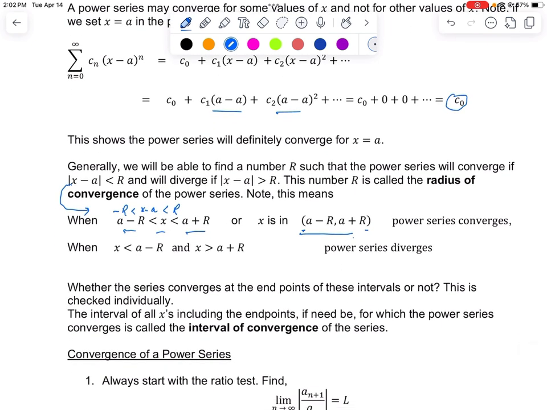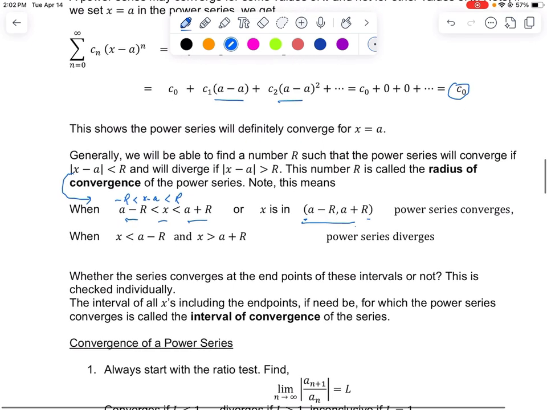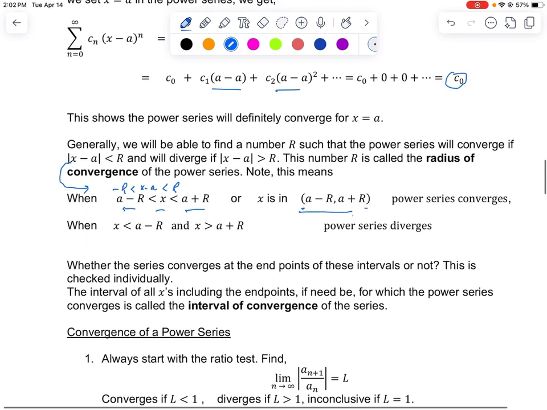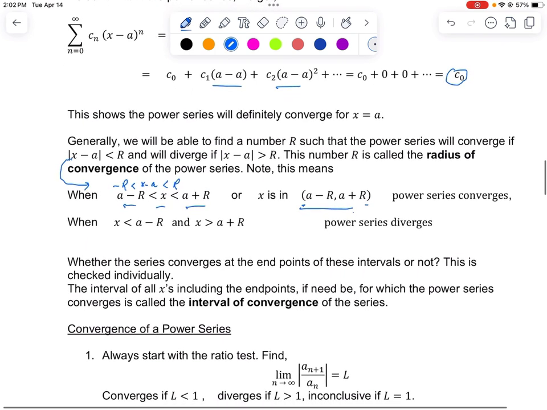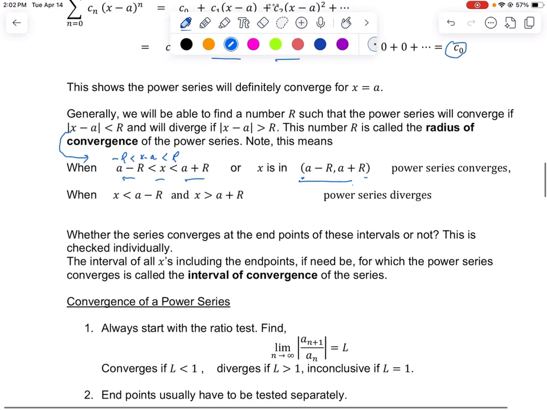We already saw that. In order to find the convergence or divergence of a power series, here are the steps that you have to follow. The first is to always start with the ratio test. What is the ratio test?